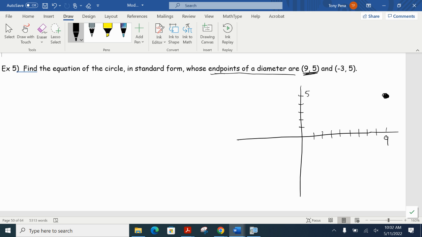So just plotted that point there. All right. The other point that we want to plot, that is the endpoint of your diameter, is negative 3 comma 5. So now let me mark over here. So -1, -2, -3, and then -3 comma 5 is going to be right there.